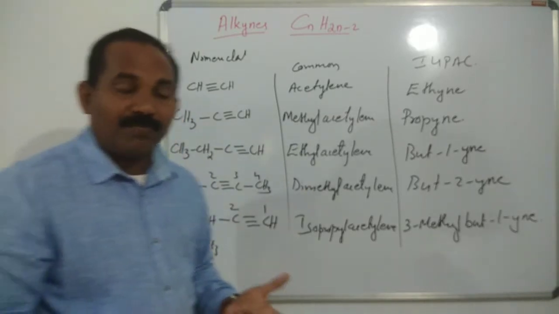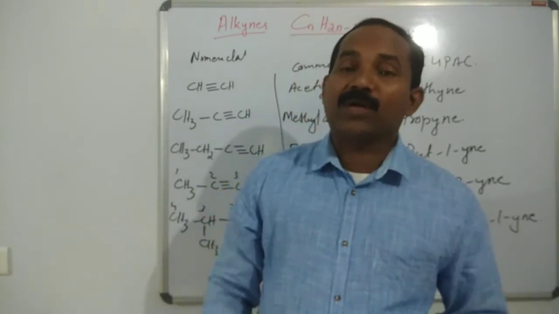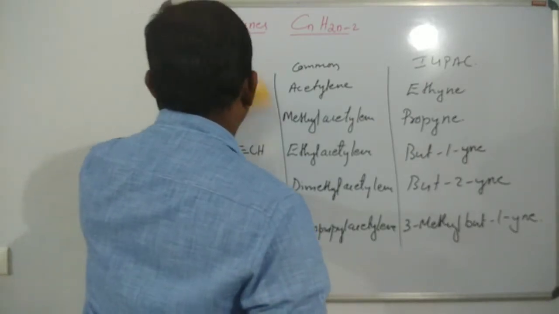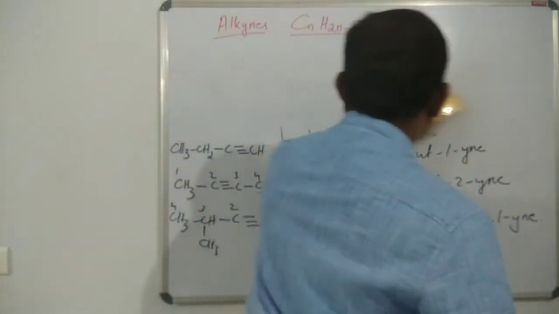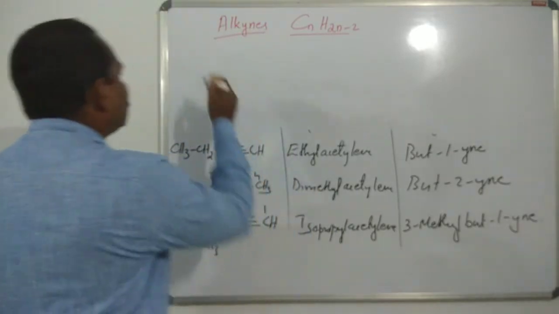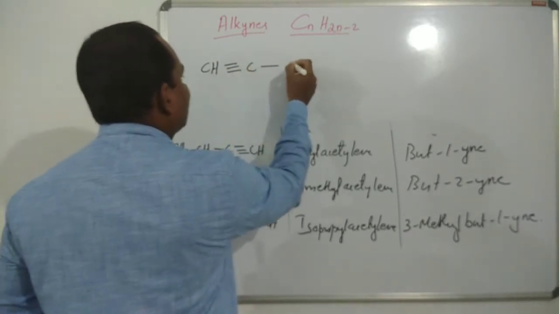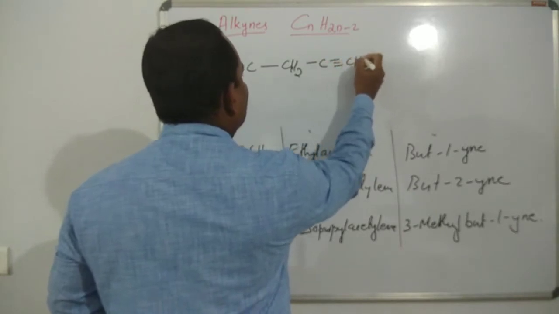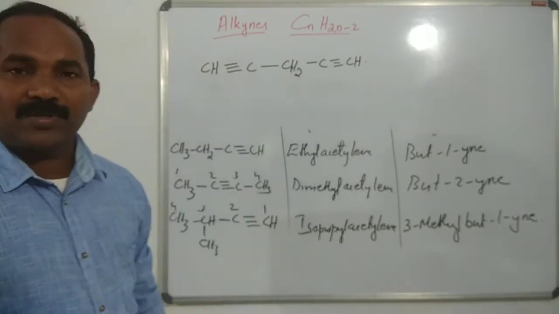And you know that if two triple bonds are present in the hydrocarbon, we write diyne. Okay, I give an example. CH triple bond C, CH2, C triple bond CH. Two triple bonds are there.